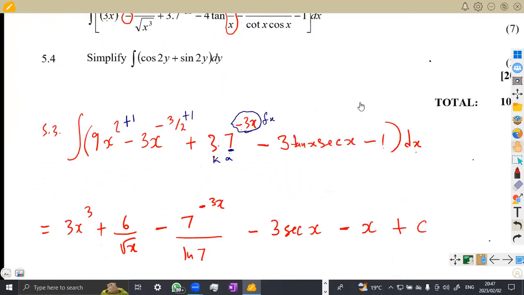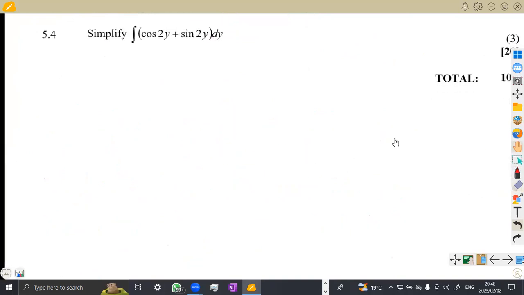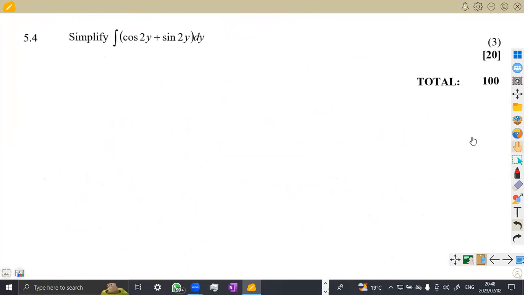The last part, on question 5.4, we are asked to simplify. It's another integral again, just 3 marks for this integral. Remember, guys, this is cos, and we know that the integral of cos is sine.